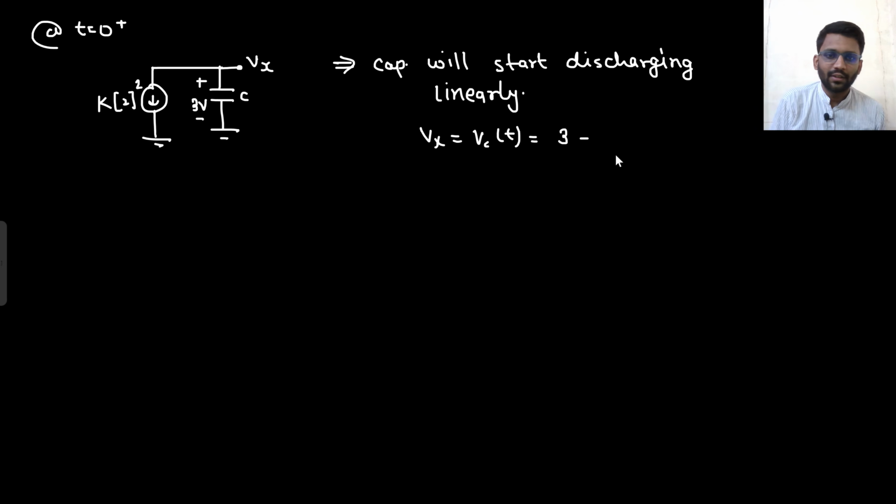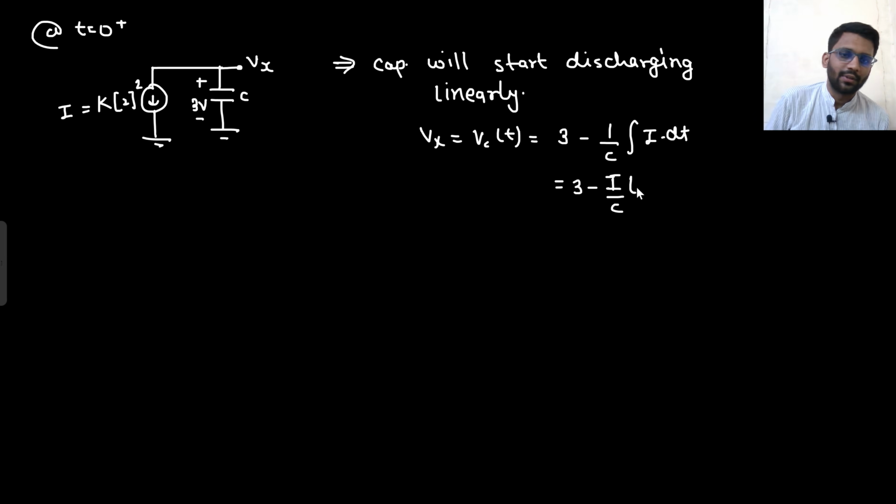So it is 3 volt minus 1 by C integral of I dt, which is 3 volt minus current I into T. So the voltage will go down from 3 to some voltage.